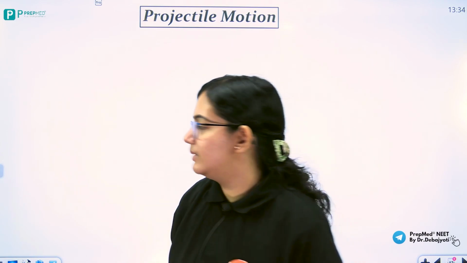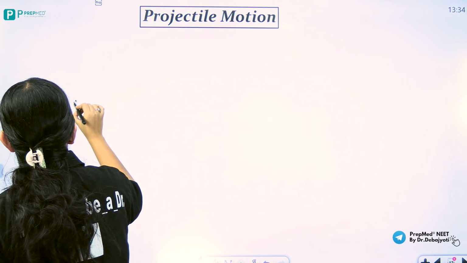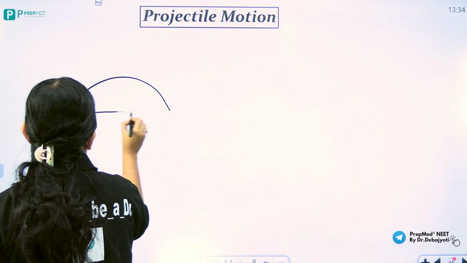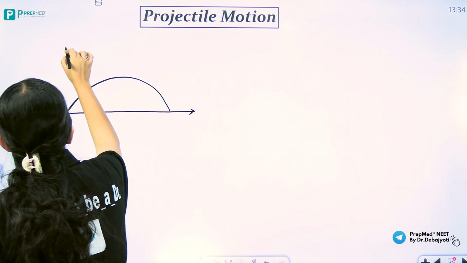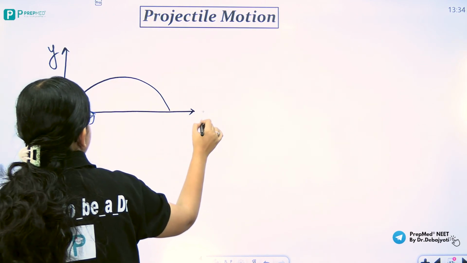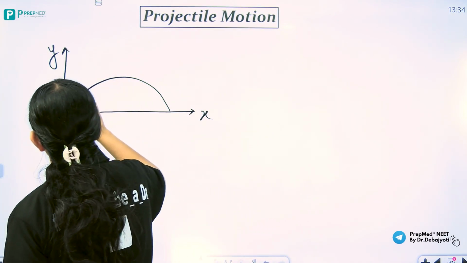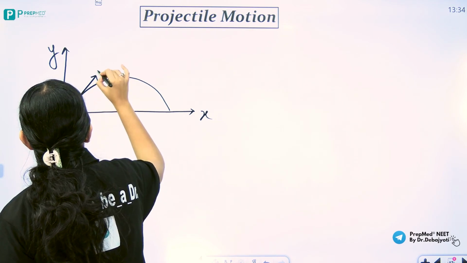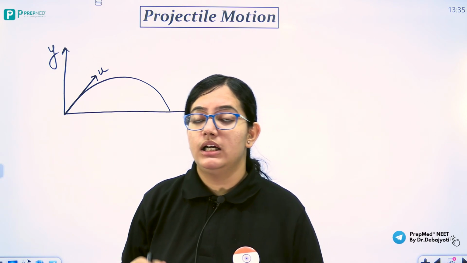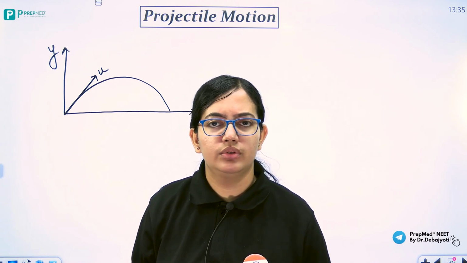So let us have a projectile motion here. Say the object is thrown like this. So we are drawing the x and y axis. And here the projectile is thrown with the initial velocity of u, and we may have the components of u along the x-axis and along the y-axis.